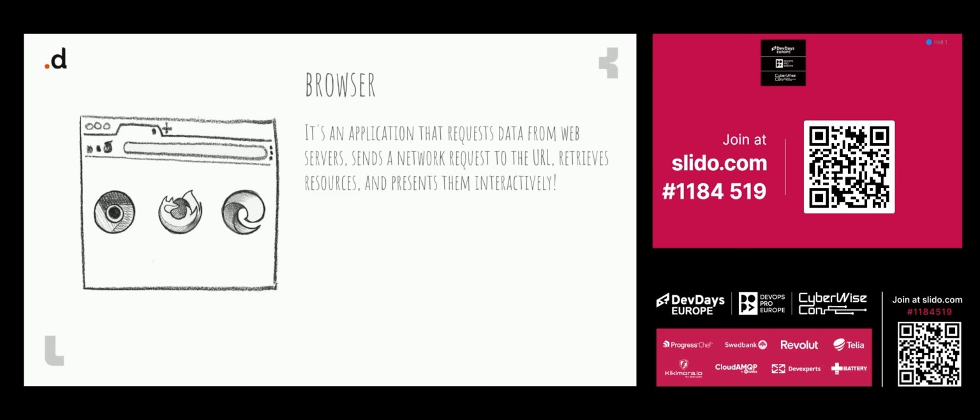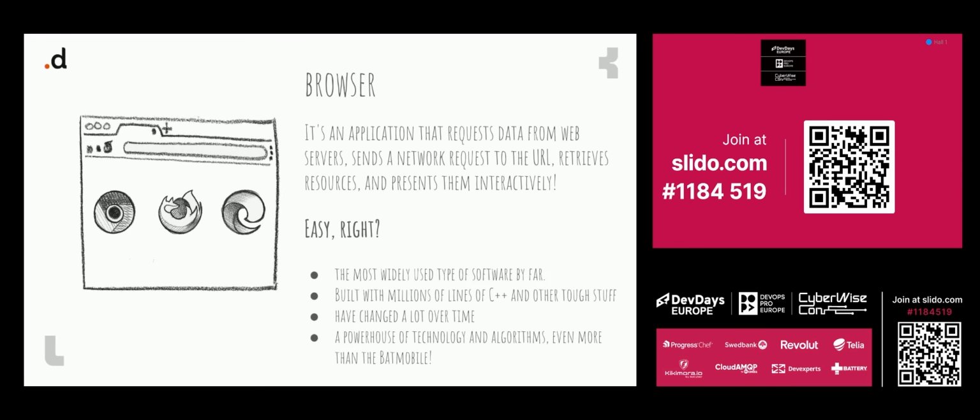If we try to simplify things, a browser is an application that requests data from web servers. It sends a network request to the URL, retrieves resources, and presents them interactively. Sounds simple, right? Trust me, there's nothing simple about it. It's one of the most complex processes you can imagine.